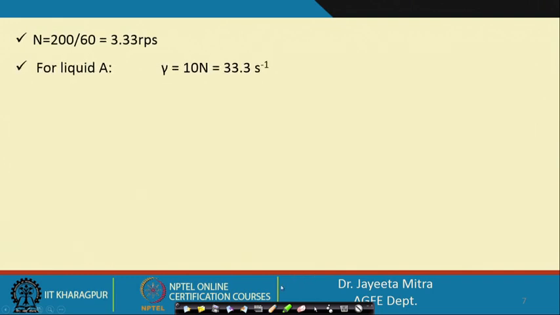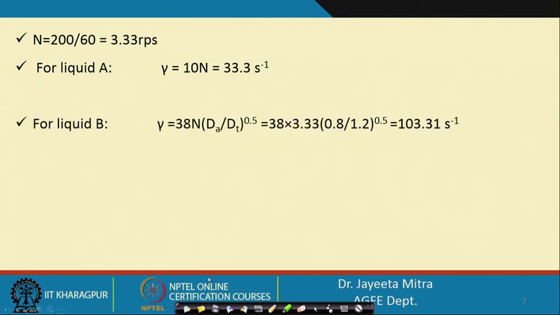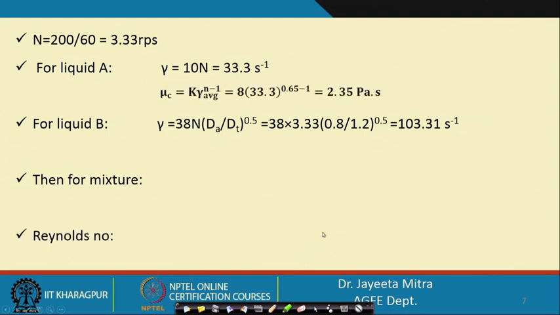First we have converted the revolutions per minute to per second, that is 3.33 rps. Then for liquid A, since we need to calculate the average shear rate, 10 n, that is 10 into 3.33, so 33.3 per second. Then for liquid A we need to calculate mu c, that is the apparent viscosity. The formula was K into average shear rate to the power n minus 1.